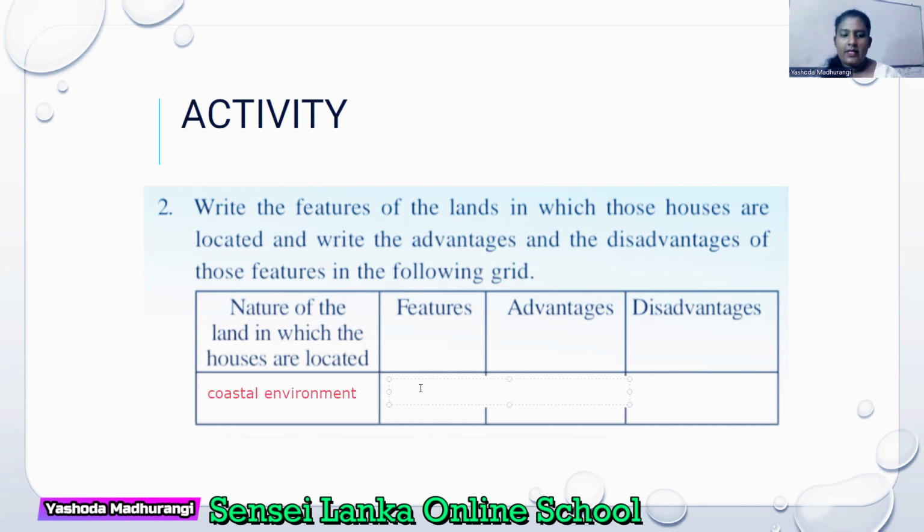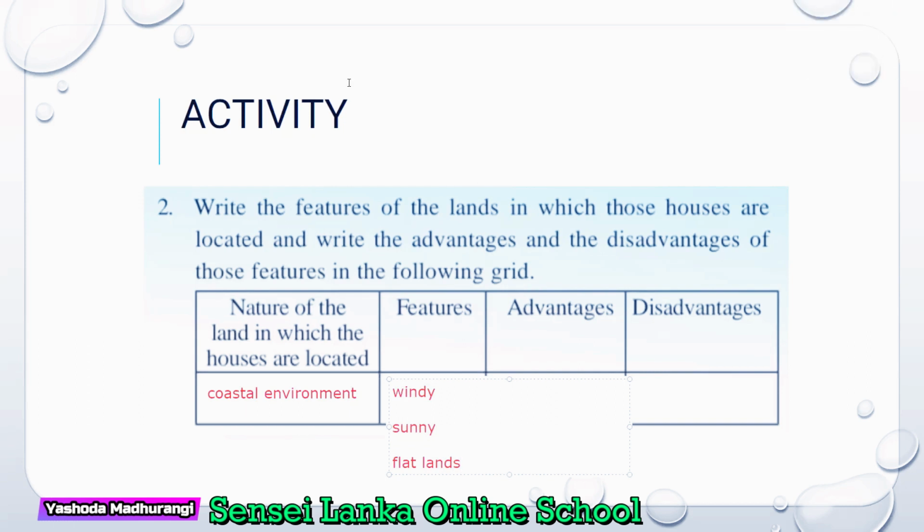Normally, it is windy. We can see windy weather. You can write windy weather. And also sunny. Flat lands are there. These are the features. You have to write the features like this. Characteristics.